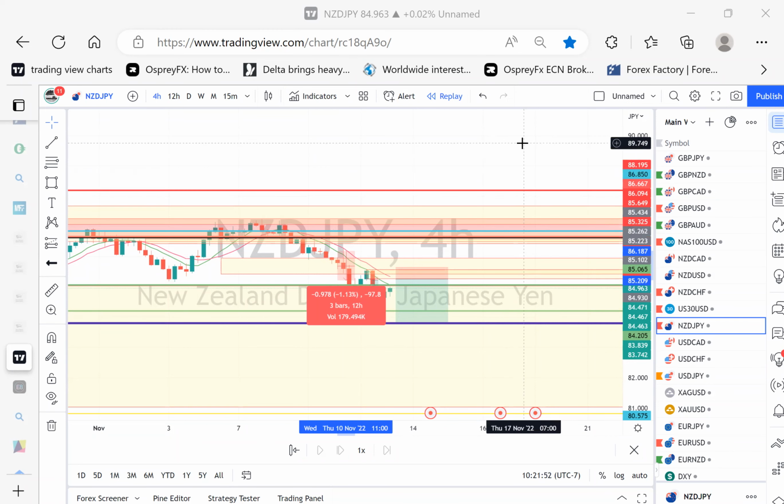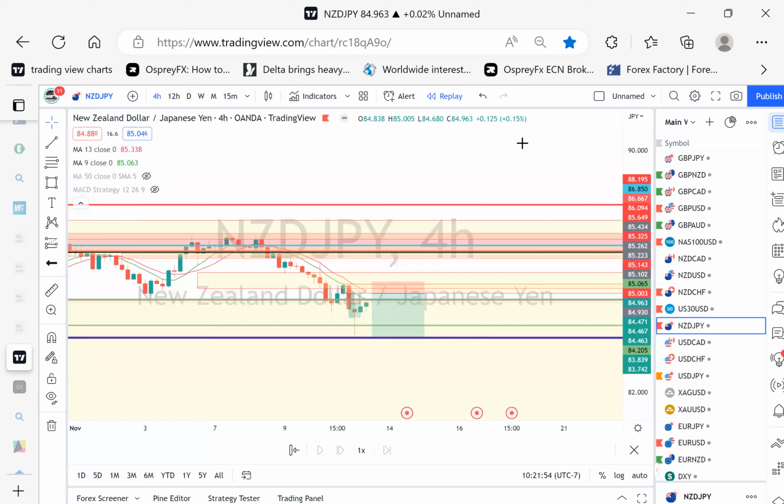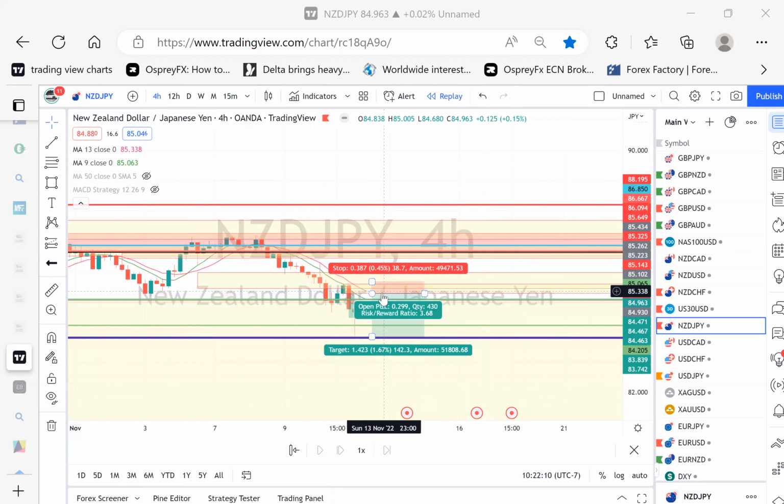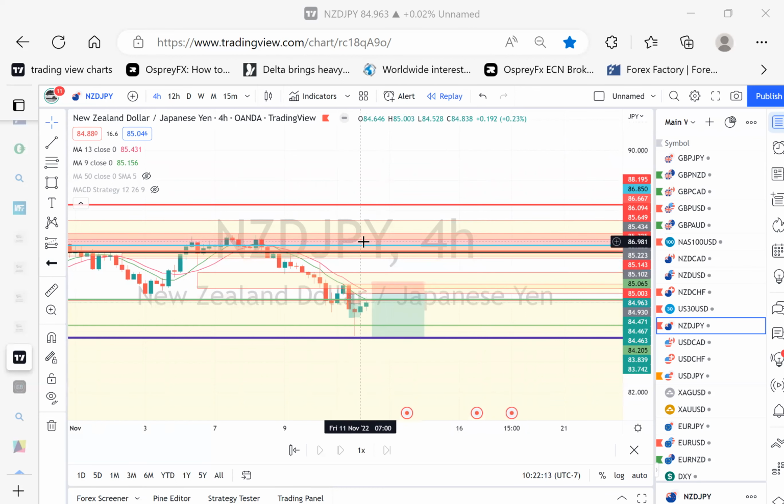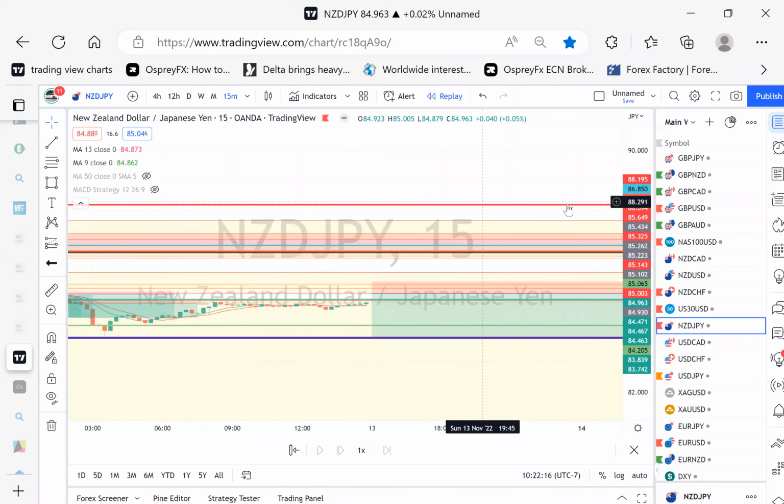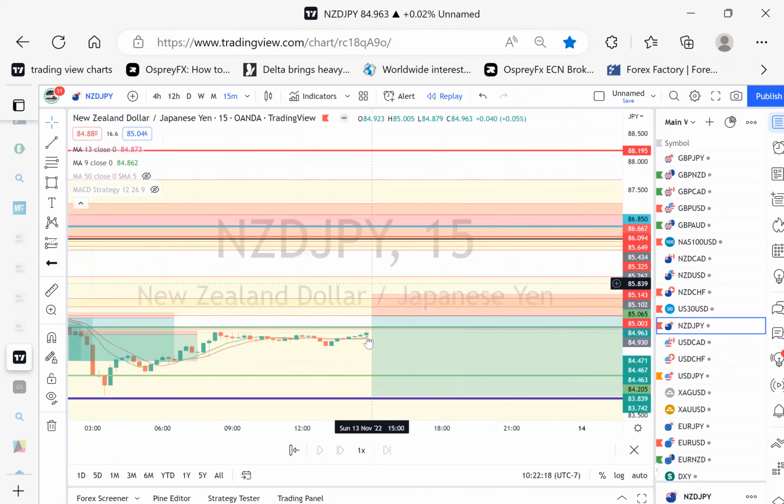So for your hedge, how do I set my lot size? It's the same lot size as that position. If I use a 10 pip stop loss on this 15-minute chart, then where your stop loss would go, I have a buy trade instead of a stop loss.